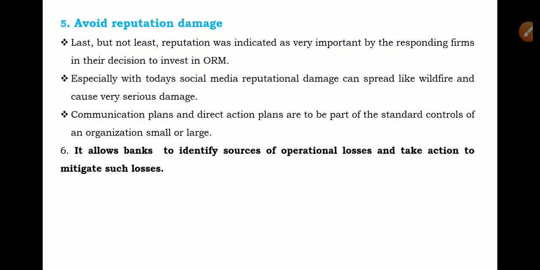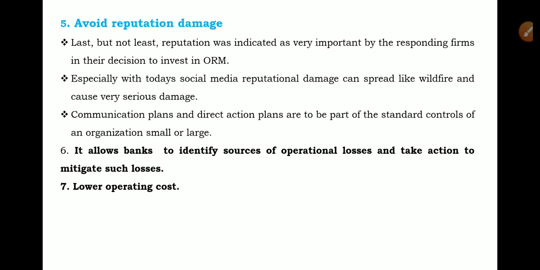In order to know the source of operational loss, take decisions regarding such losses, and mitigate them, operational risk management will help us, so we can invest in it. And next, it also helps to lower the operating cost of the organization.